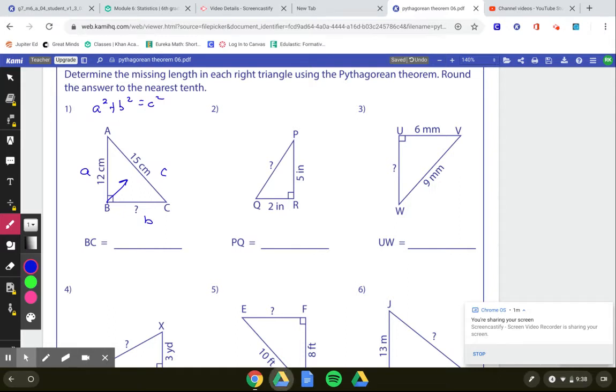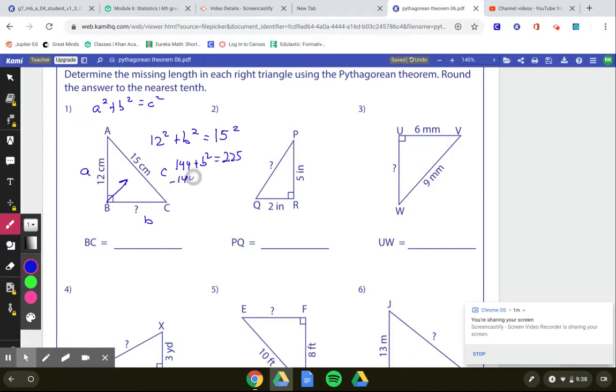We have A, that's 12 squared. We don't know B, so we can call that B squared. And we know it's going to equal C squared, which is 15 squared. Using a calculator, or if you remember earlier in the year when we went over our squares, we know that is 144 plus b squared equals 225. Now we're in our equation solving.